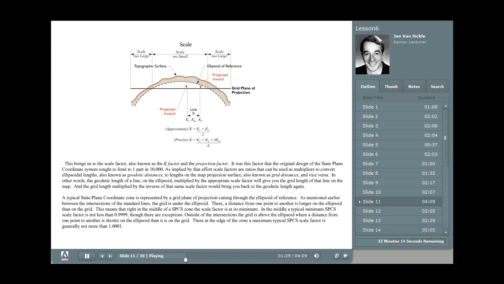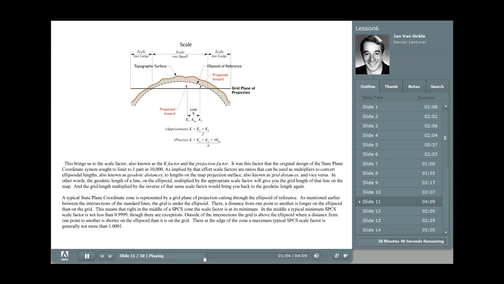But at the moment, we're talking about the scale factor. Now here, in this image, you see a state plane, a grid plane of projection. Here is the horizontal line. And between the standard lines, the scale is too small. And outside, the scale is too large. So a line might be between the bases of those two red arrows on the ellipsoid of reference.